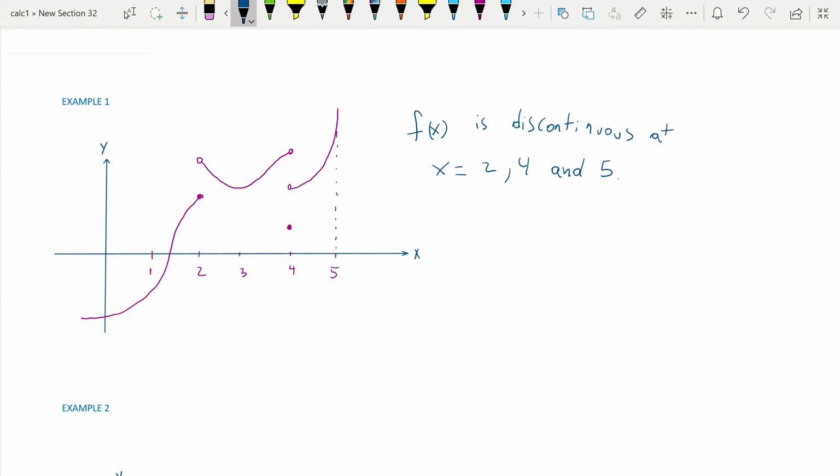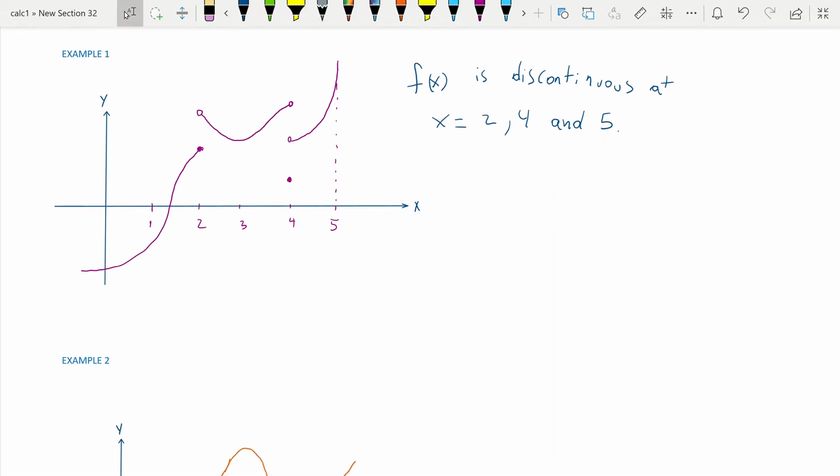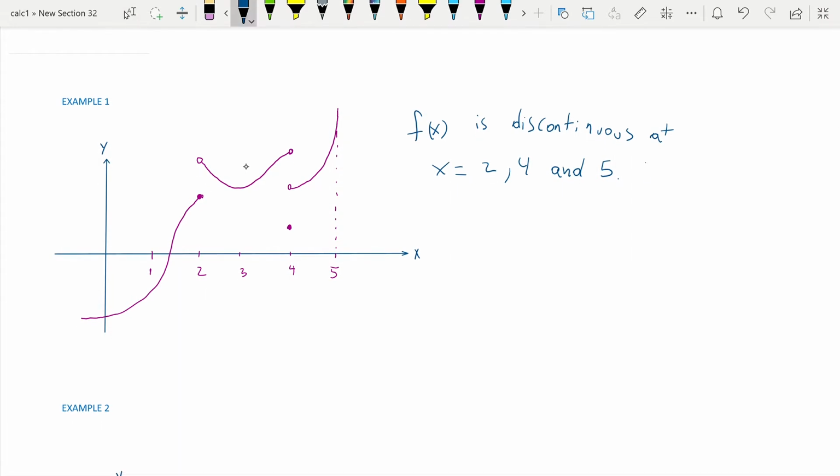And in addition, we see from this that f is not differentiable at these points either.